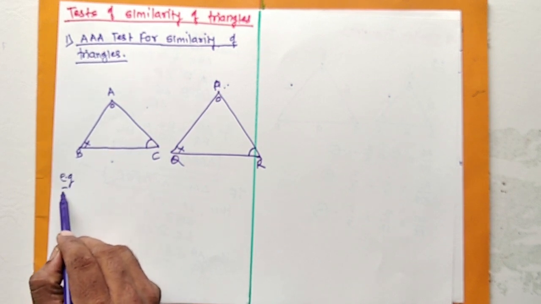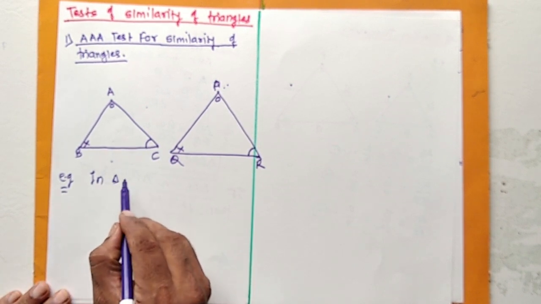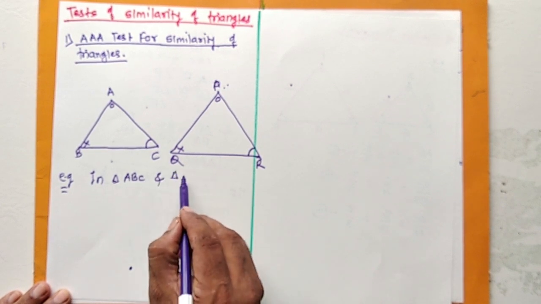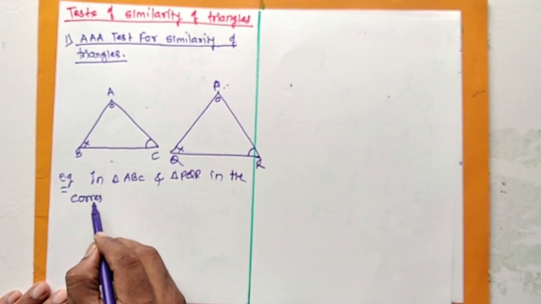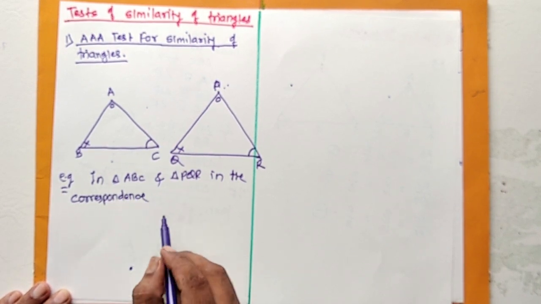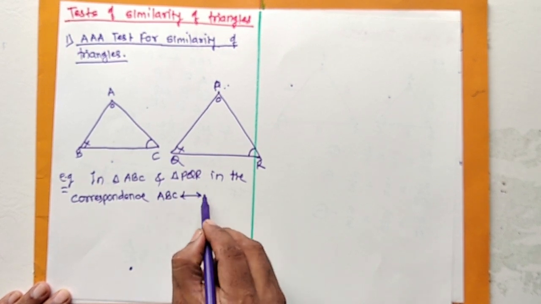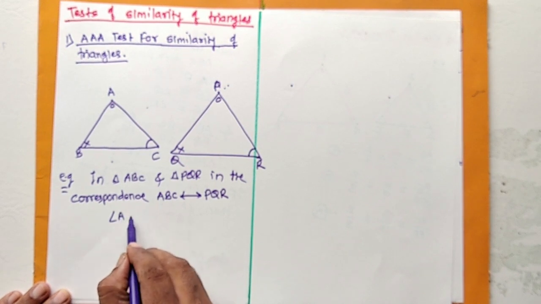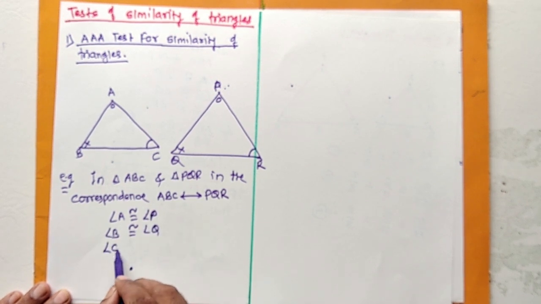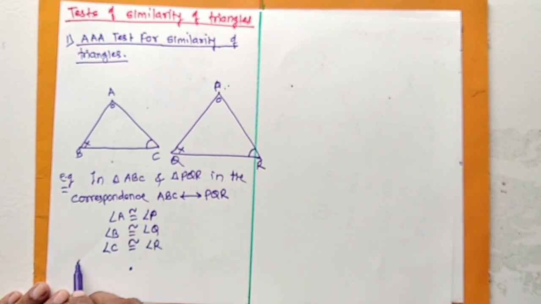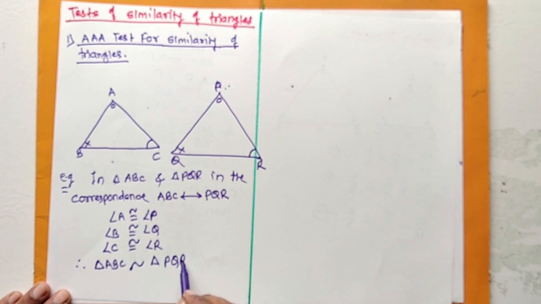For example, in triangle ABC and triangle PQR, in the correspondence ABC to PQR, angle A is congruent to angle P, angle B is congruent to angle Q, angle C is congruent to angle R, and therefore triangle ABC is similar to triangle PQR by the test for similarity.